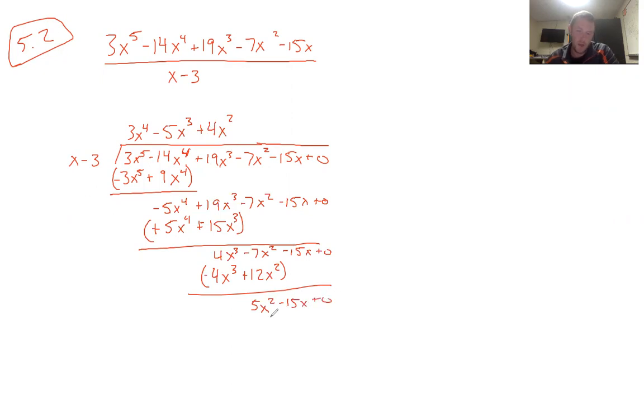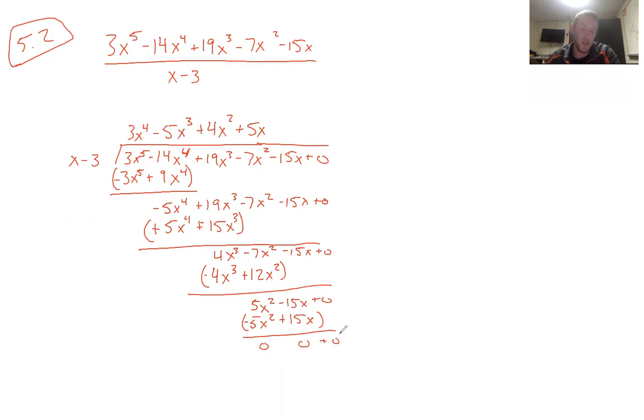So x times what is 5x squared? That would be 5x. Multiply that through, you get 5x squared. You get minus 15x. Okay, change the sign. This would be a minus, this would be a plus. And you end up getting 0, 0, 0.